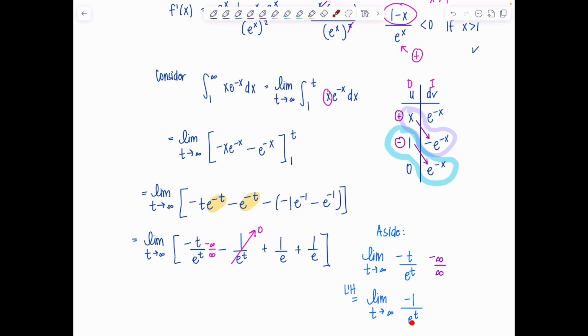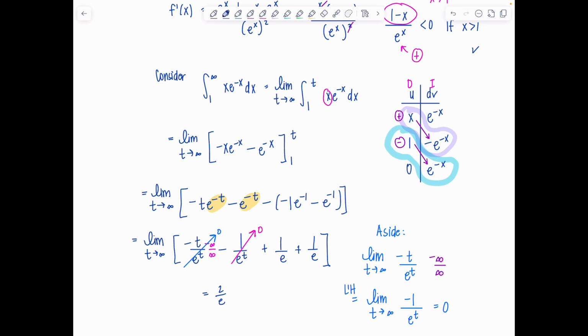So if t gets really big, e to the t is getting really big, we have a constant in the numerator, so this is 0. So now I can say, oh, I know this is also going to 0. So in the end, I'm just left with 1 over e plus 1 over e, which is 2 over e. So what do I care about this limit?